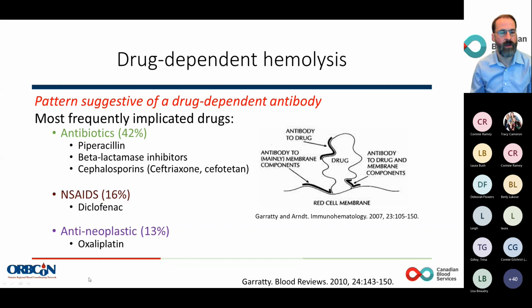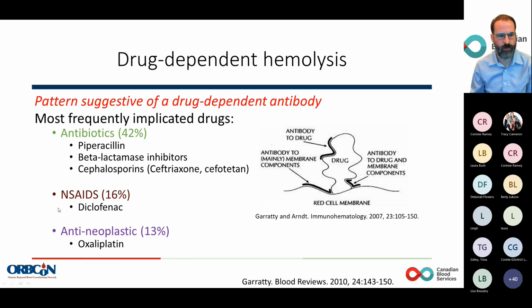This is over 10 years ago now, so it may have shifted a little bit, but probably not by a lot. What they found was that antibiotics as a class were one of the most frequently implicated drugs, with piperacillin, beta-lactamase inhibitors, and cephalosporins, particularly ceftriaxone and cefotetan, being the antibiotics most frequently causing drug-dependent antibodies.